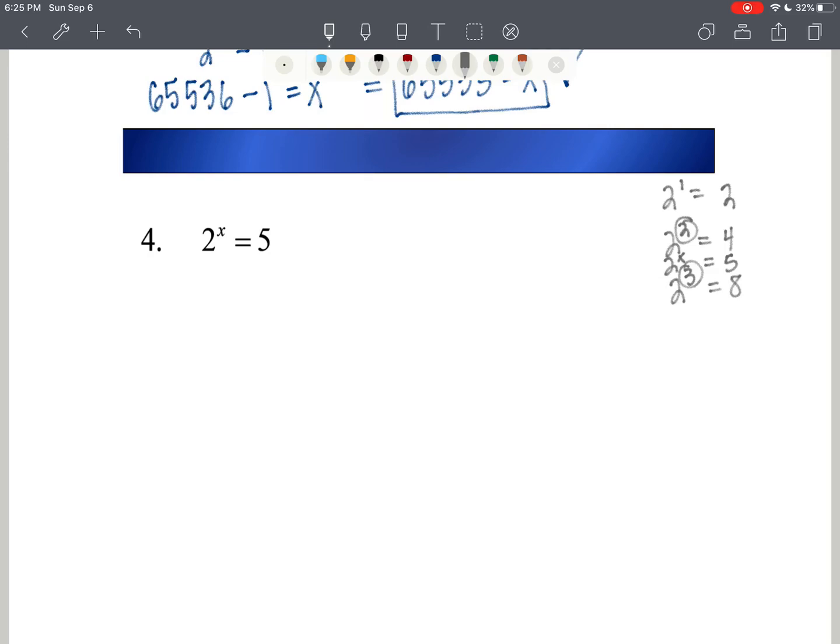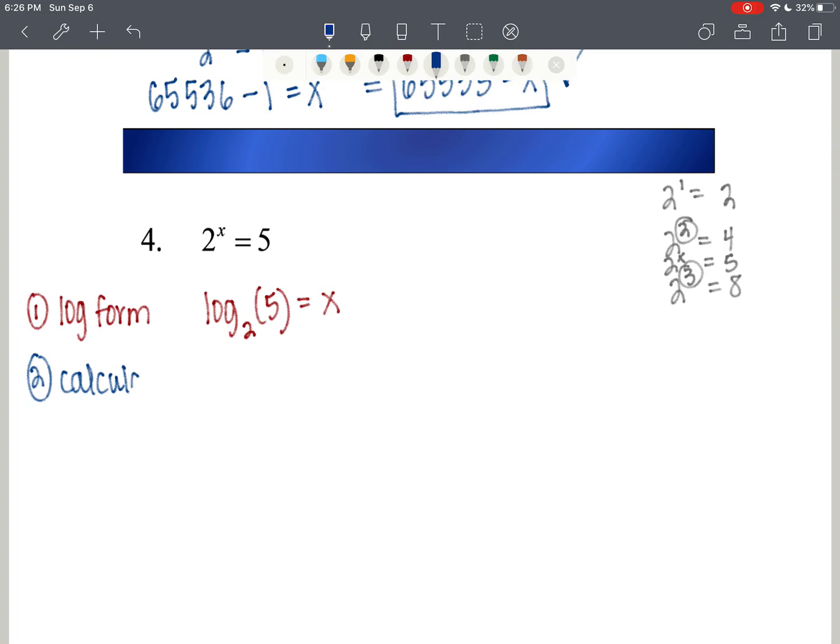I'm going to write this in log form. So I'm going to actually do this problem 2 different ways. So I've got log base 2 of 5 equals x. And then I can go over to my calculator and I can enter this into the calculator however I want.